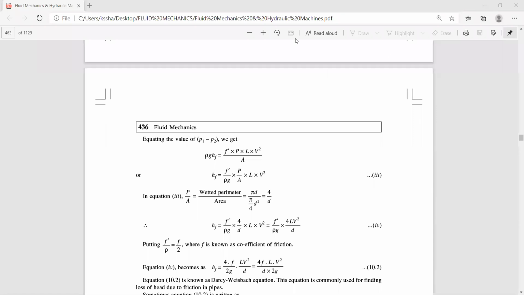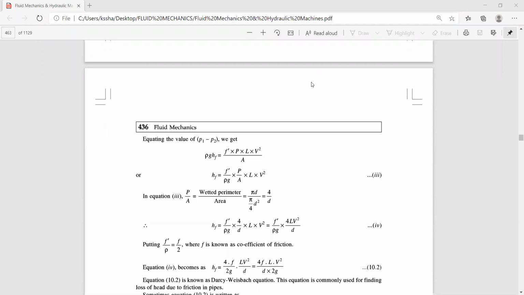Have you understood the derivation or not? Or do you want me to repeat it once again? Yes, reply with a message at least. Derivation understood, sir. Okay.